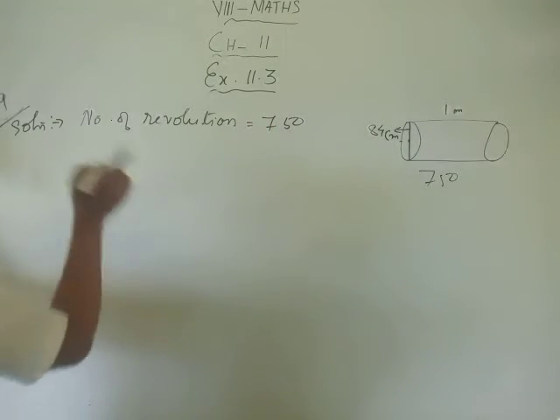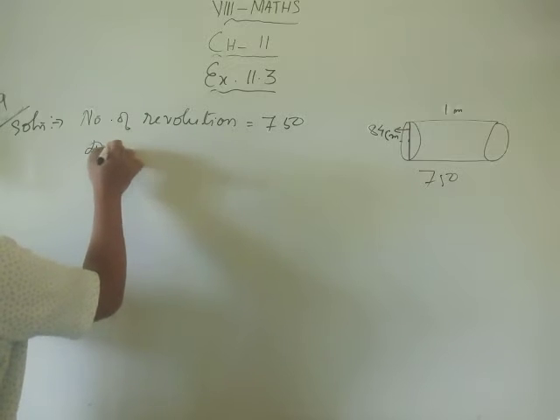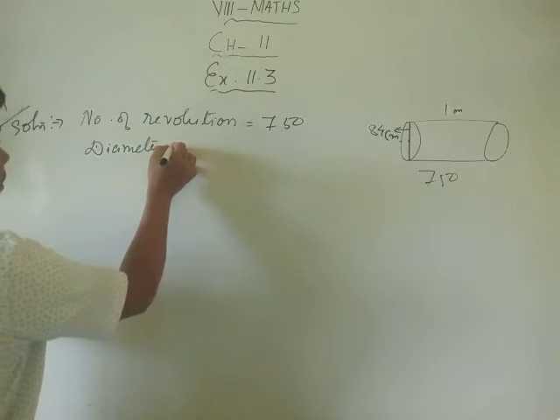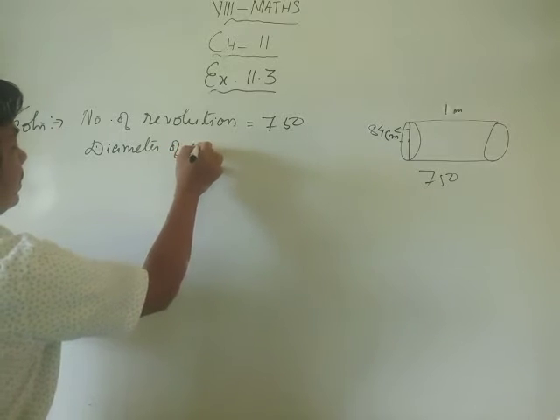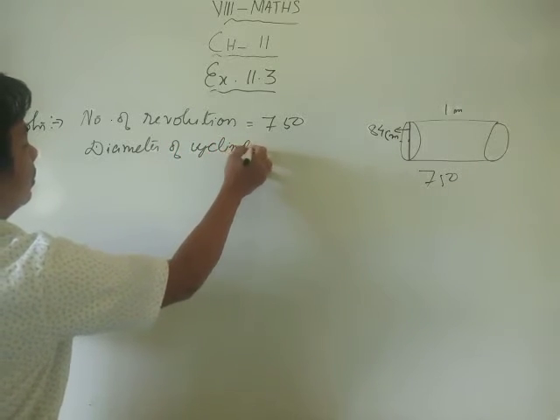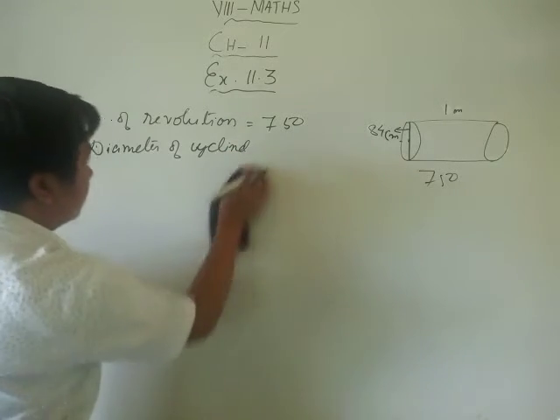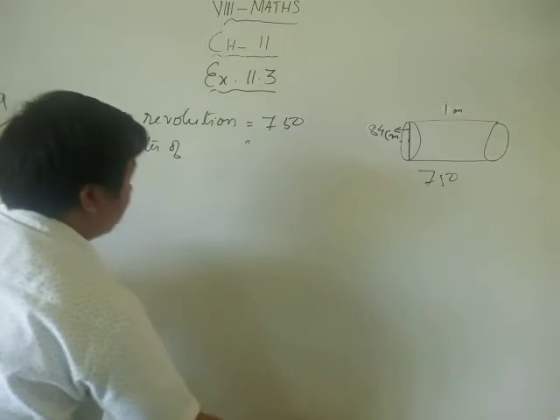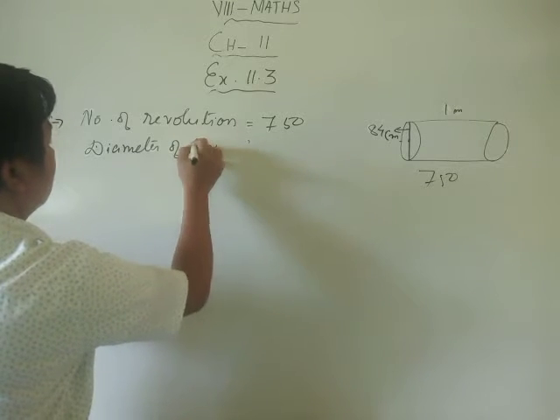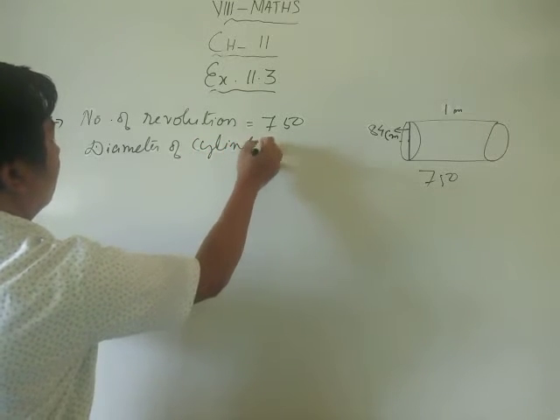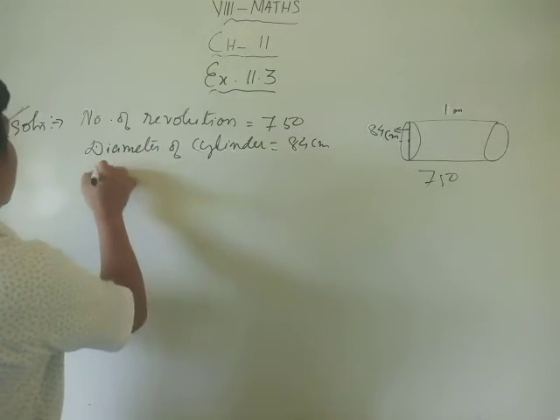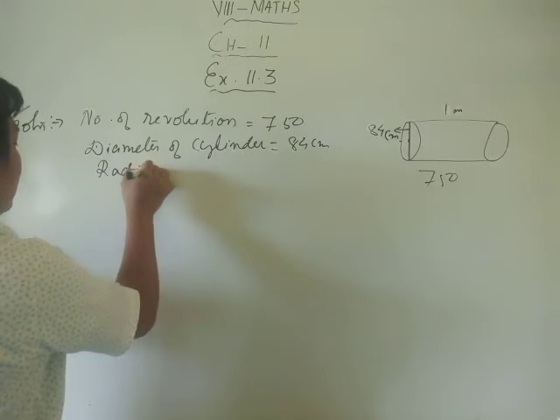Okay, now diameter of the cylinder is equal to 84 centimeter. That means radius. We need this radius.